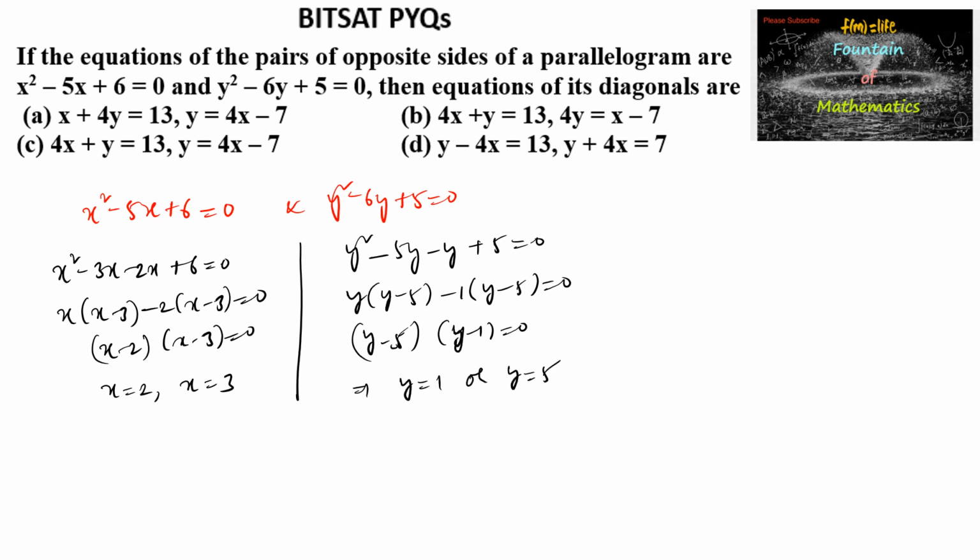So we can say clearly that the parallelogram has the parallel sides y = 1 and y = 5, and the other pair x = 2 and x = 3.